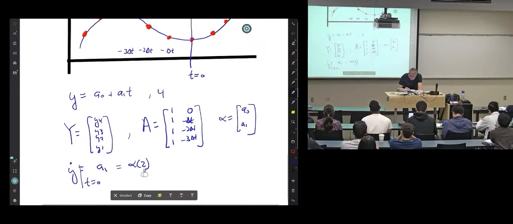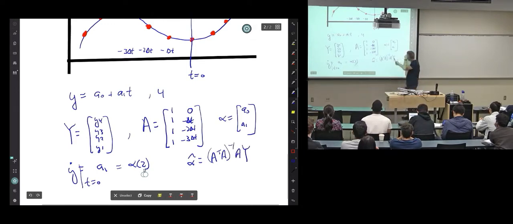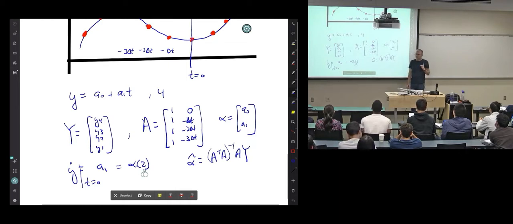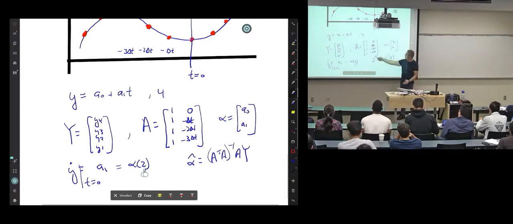And so my regression is alpha hat equals (A transpose A) inverse A transpose times Y. Y changes each time my data comes in. This matrix does not. So you calculate it once. Do not calculate it every millisecond, okay? It's stupid. It's constant. You just put it at the top of your file. This is now just a matrix that you then multiply the vectors by, and then you just pick off, if you're doing a line, the second component.